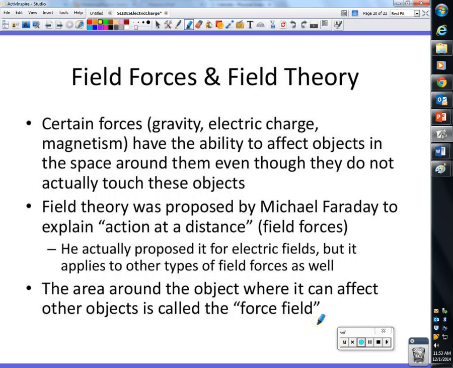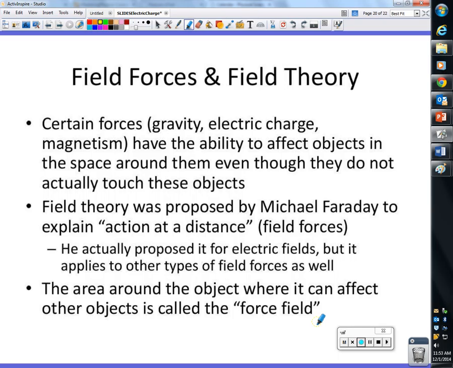We live in the gravitational field of the Earth. Why? Because what happens when I let this ball go? It falls. It is affected by gravity. We live in the gravitational field surrounding the Earth because Earth's gravity affects objects.